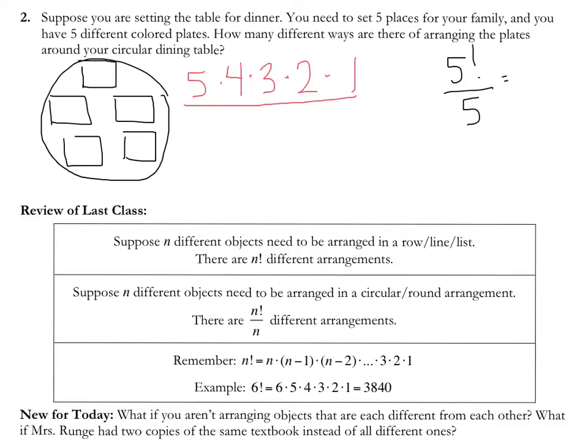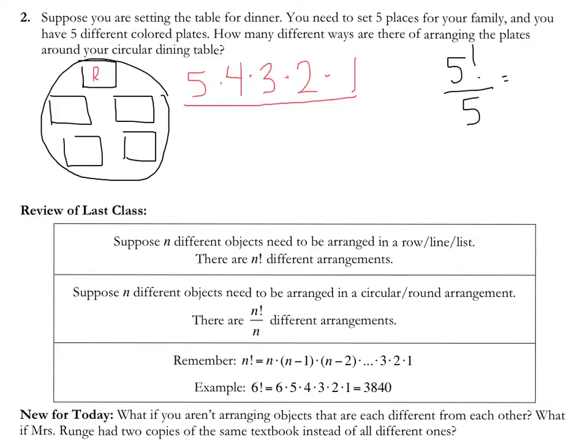However, when we're talking about a circular arrangement, one thing that we have to be careful about is rotations of basically the same arrangement being counted as different arrangements. So let me just fill in the picture a little bit so I can give you an example of what I mean.